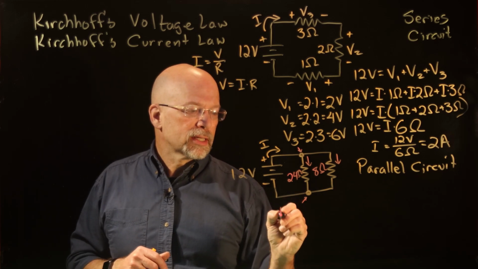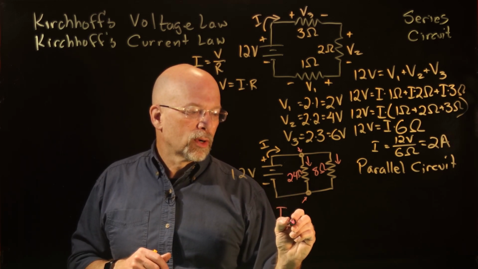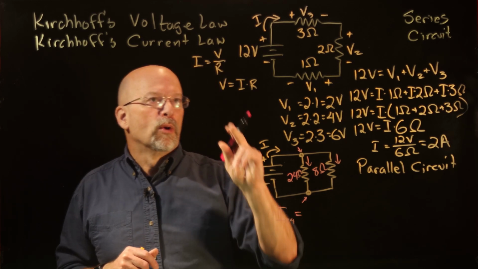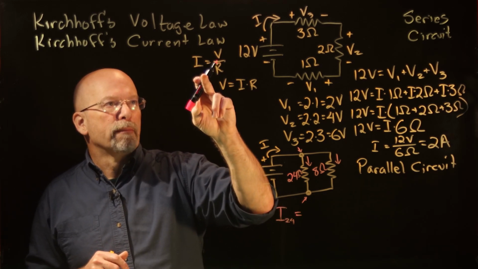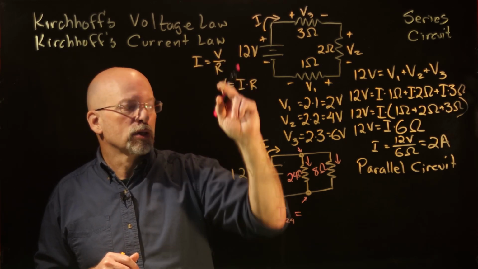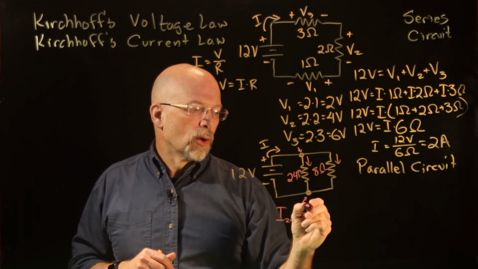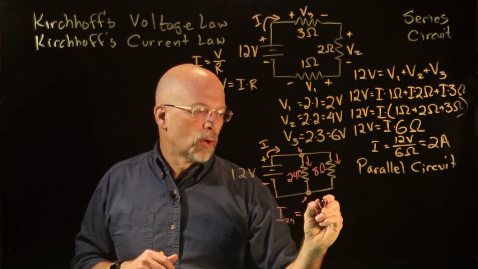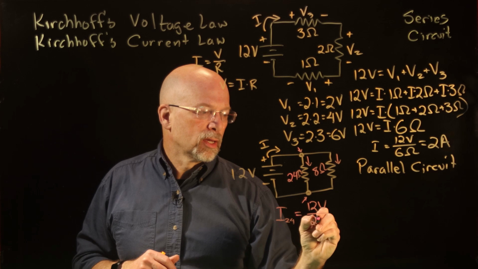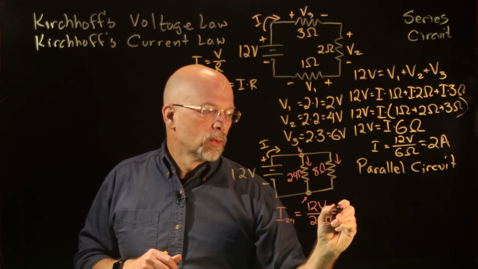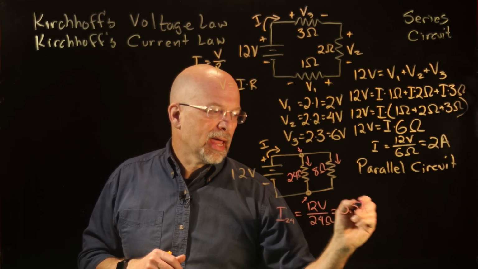First, let's take a look at the current going through the 24 ohm resistor. If we come back up to Ohm's law, the current is equal to the voltage divided by the resistance. So we have 12 volts divided by 24 ohms, which is equal to 0.5 amps.